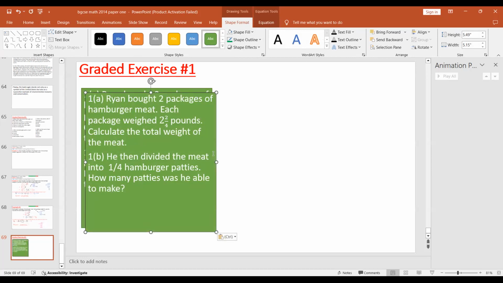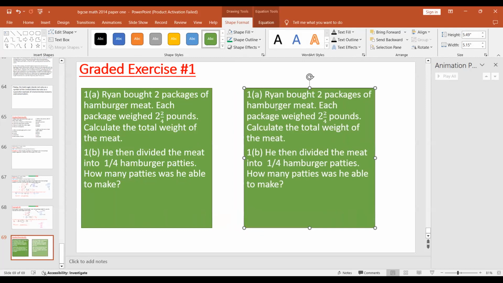All right, let's move on to the next one. Number 2. Let's say Amari bought 2 packages.